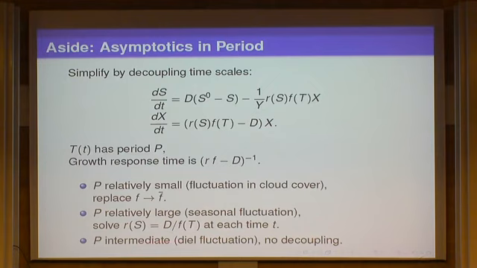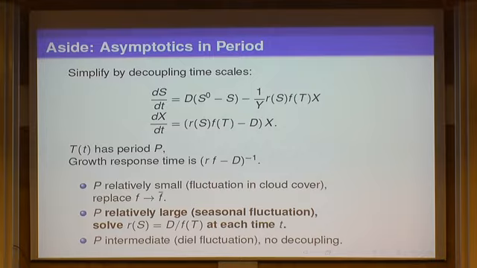And then if you look at the intermediate case where the fluctuations and the growth response time scale are the same, you don't get a decoupling. So that's harder. I want to talk mostly about this case. This is both interesting, in the results, and more tractable, and I'll mention what happens in the other cases a little bit too.